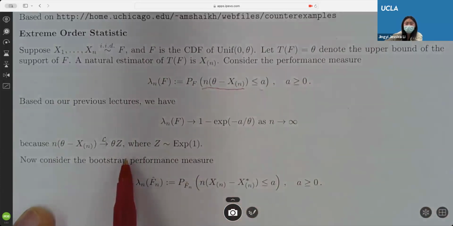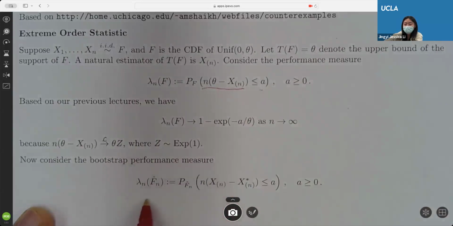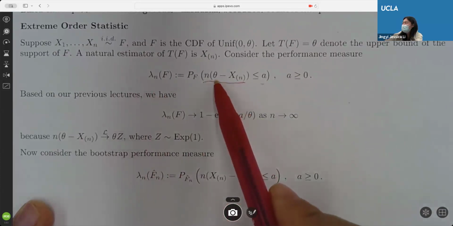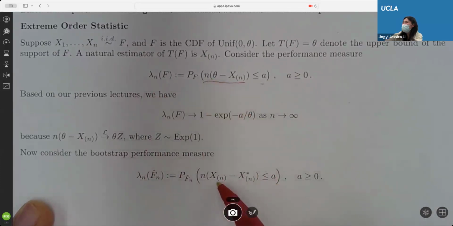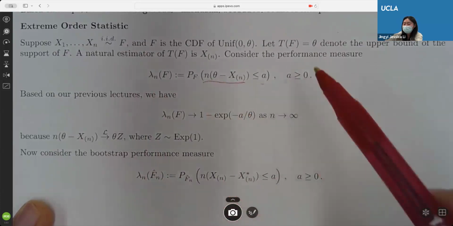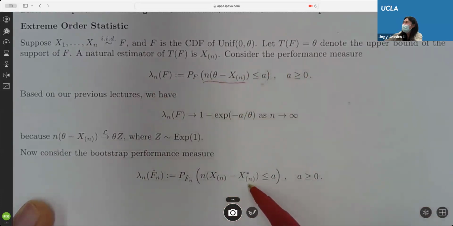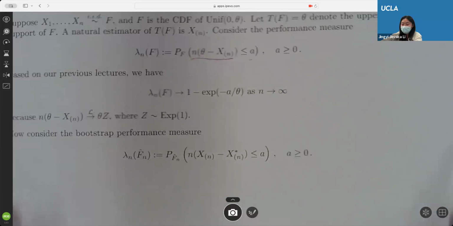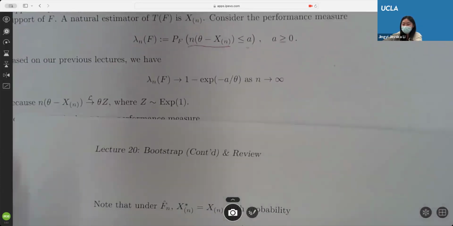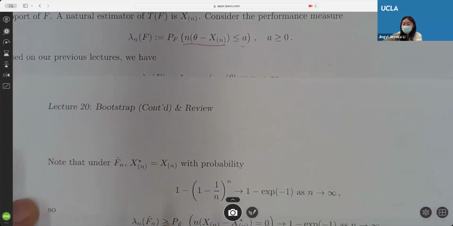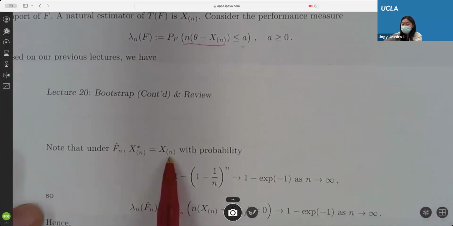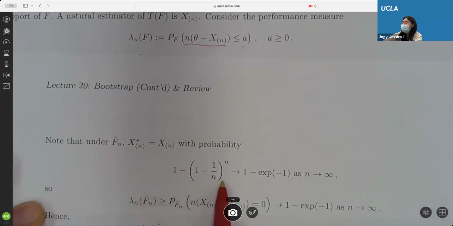Now consider the Bootstrap performance measure. For Bootstrap, you plug in: the upper bound theta becomes the sample upper bound X(n), and X(n) becomes X(n)*, a hypothetical thing. Under the empirical CDF, this hypothetical upper bound is equal to the actual sample upper bound with this probability.